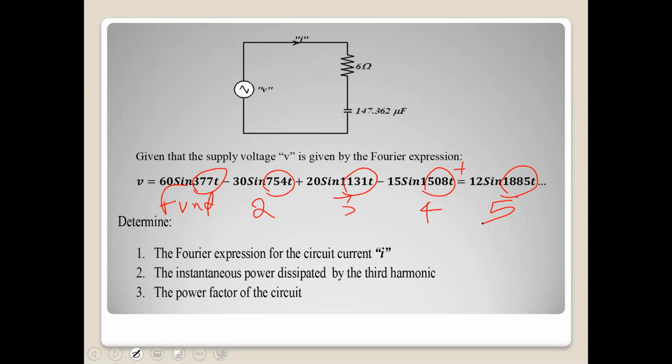So we have checked, we know what harmonics are there, we see the fundamental. So we can now start and make our statements. The first thing we're going to do is to carry out our calculations at the fundamental. Remember, the objective is to find the current expression. So we want to say that at the fundamental.